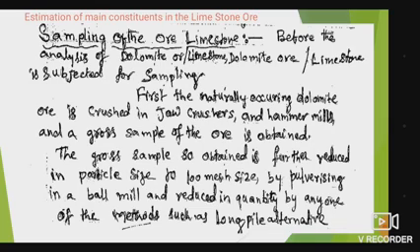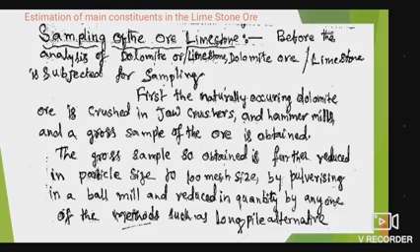Before analysis, dolomite or limestone is subjected to sampling. First the naturally occurring dolomite ore is crushed in a jaw crusher and hammer mills, and a gross sample of the ore is obtained.